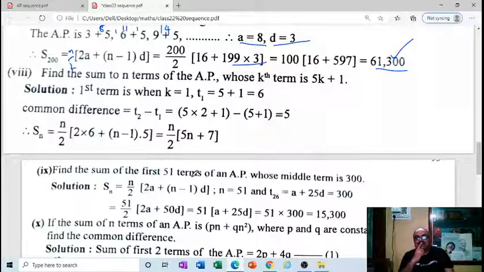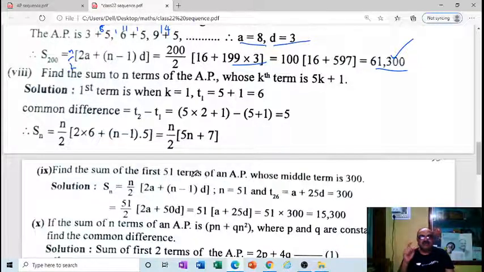Find the sum to n terms of an AP whose kth term is 5k plus 1. First term is when k equals 1, t1 is equal to 5 plus 1, 6.